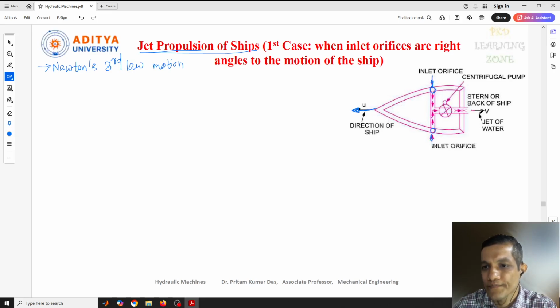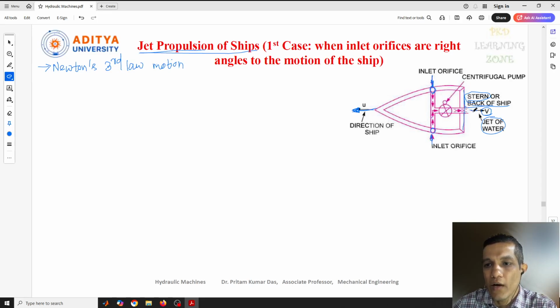You can see this is the velocity, known as the jet of water, which is discharged from the back of the ship, and that is also called the stern. So the jet of water which is discharged from the back of the ship exerts a propulsive force on the ship. That means the jet of water exerts a propulsive force on the ship.